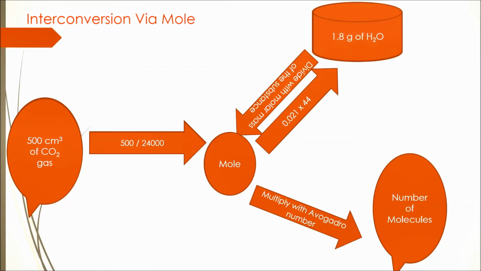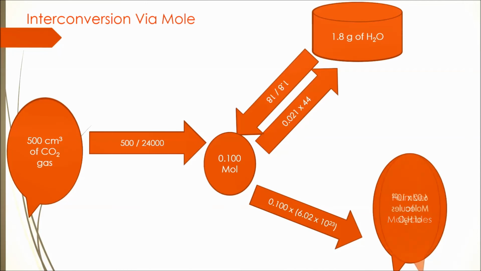Let's start with an example, 1.8 gram of water. First step to calculate mole, dividing with 18, the molar mass of water, we get the respective mole, which is 0.100. Then this mole is converted into number of molecules by multiplying with Avogadro number, then we get 6.02 into 10 to the power 22 molecules.